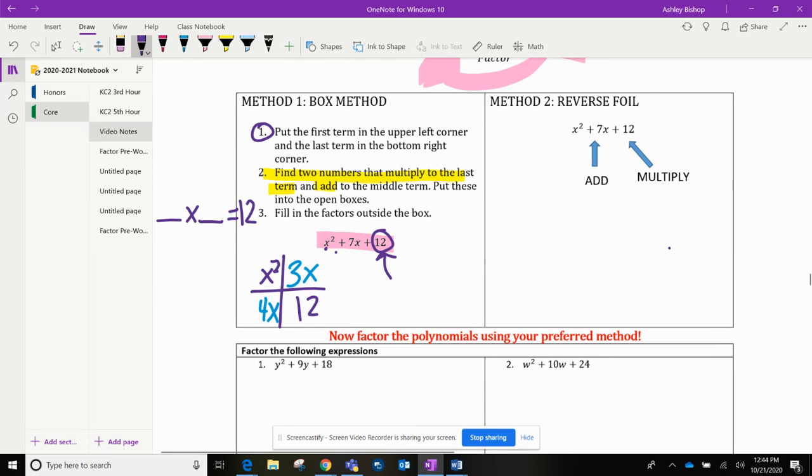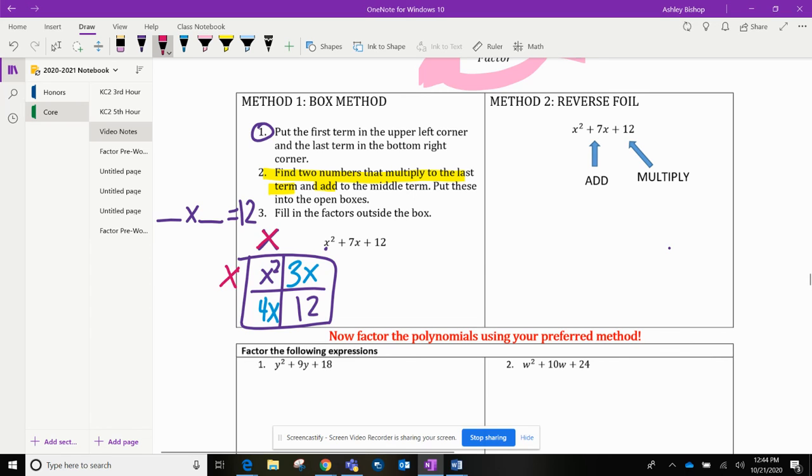Now that the box is filled out, I need to fill out the top. Remember, I'm going backwards. So I want to find what's going to go on the top and what's going to go on the side here. In order to do that, I need to ask myself, what two things multiply to give me x squared? Well, I know that x times x, if I put an x here and an x here, those multiplied together will give me x squared.